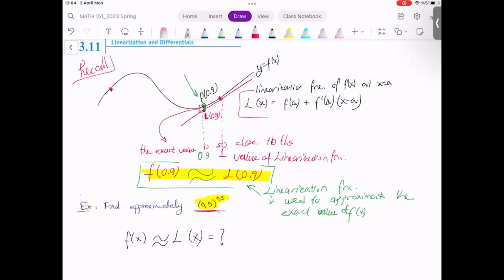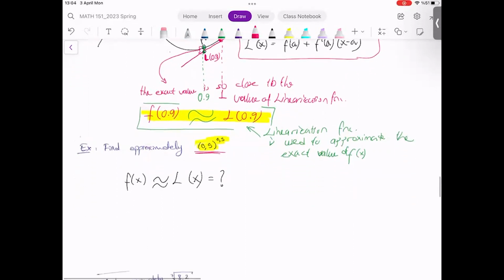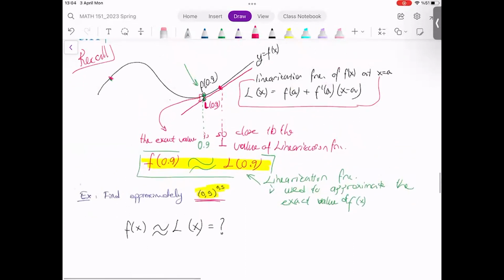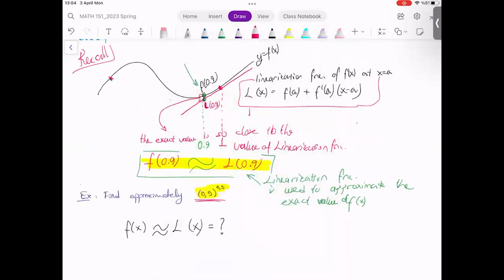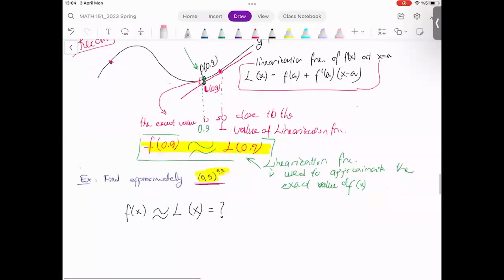This is the way of creating it. This is the formula for it, okay? So in this particular case, L of 0.9 is computed as follows, and I will write such details in the solution of the next example.